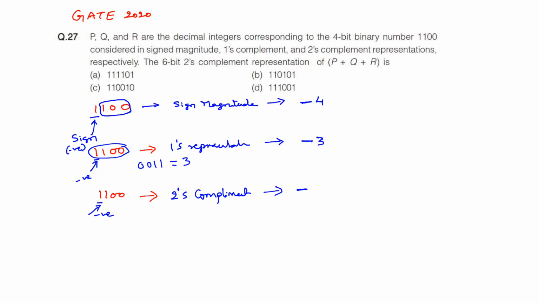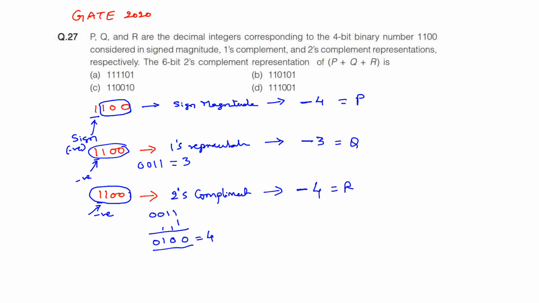To calculate magnitude, take 2's complement of the entire bits. 2's complement means first take 1's complement and add 1 at the LSB. So 1, 1, 0, carry 1, next 0, 1. So this is 0100, which is 4. So you can write it as -4. So this is P, this is Q, this is R.